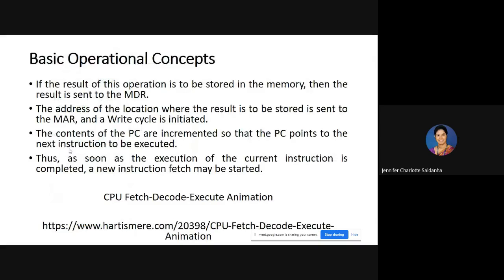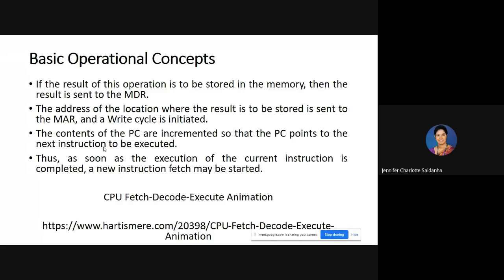Okay, the last part I will summarize. If the result of this operation is to be stored in the memory, then the result is sent to MDR. The address of the location where the result is to be stored is sent to MAR, and a write cycle is initiated. The contents of the program counter are incremented so that the program counter points to the next instruction to be executed.